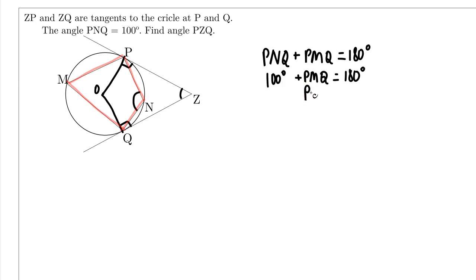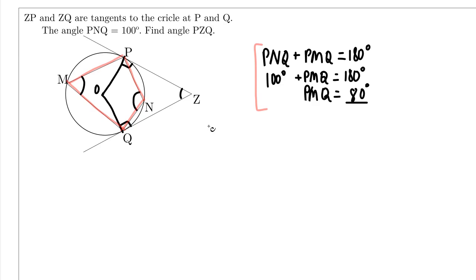Subtract 100 from both sides, and we know that PMQ is equal to 80 degrees. Why is that important? Why is this angle important? Because now is second. So let me just highlight it. This was the first reasoning, and the reason for that is opposite angles in a cyclic quadrilateral add up to 180.